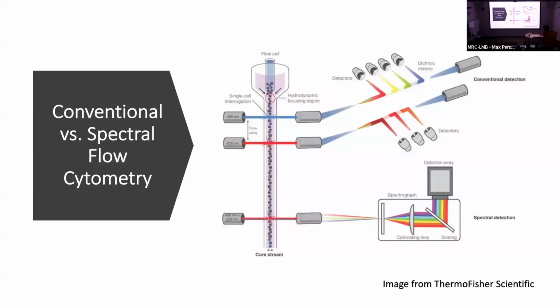In the facility, we have these two different types of flow cytometers, both conventional and spectral. But I would argue that there's definitely more of a movement away from the conventional way of things, and I'll show you a few slides as to why that is the case.